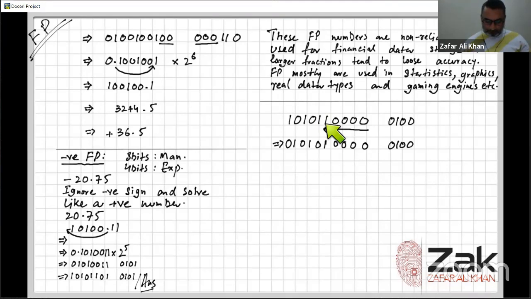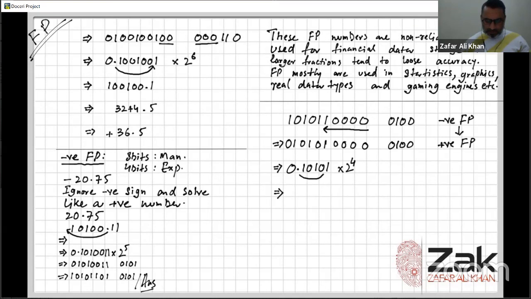All right, now 0.10101, we will ignore these zeros. 0.1001 times 2 to the power 4.